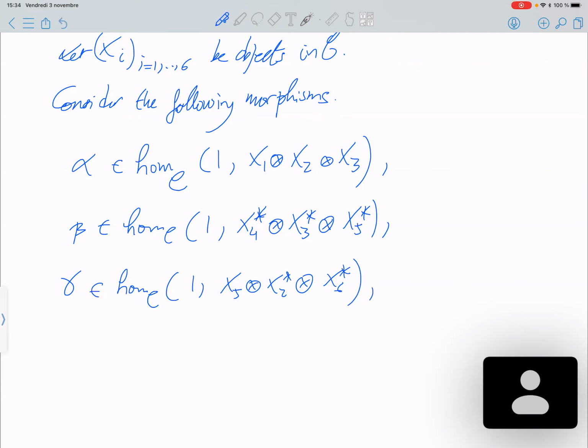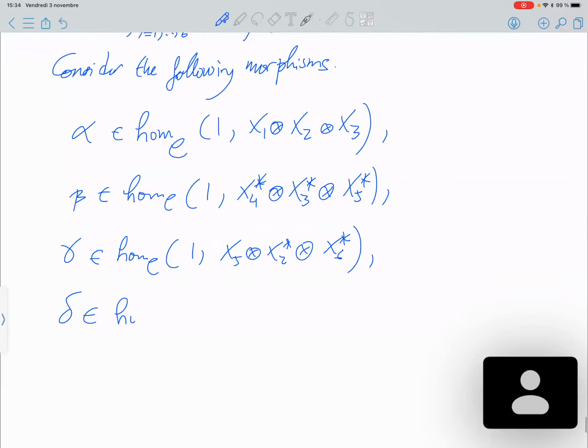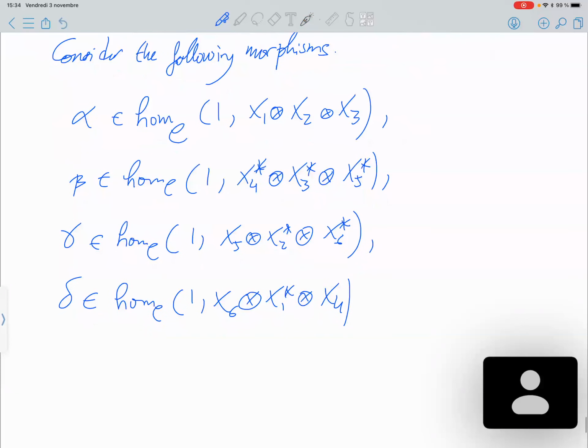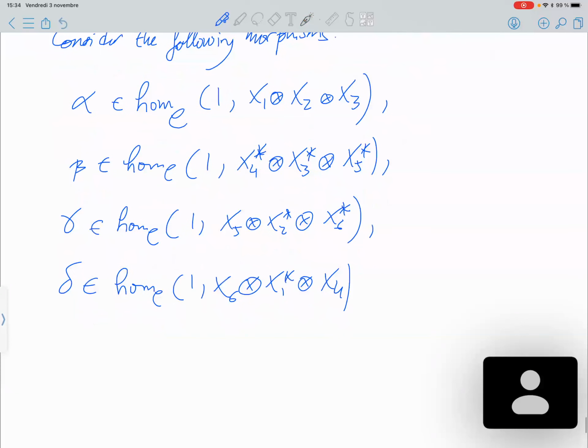Finally, delta in the hom set of morphisms between 1 and x6 tensor x1 star tensor x4. So don't worry, a picture will come very soon. Everything will be clear.